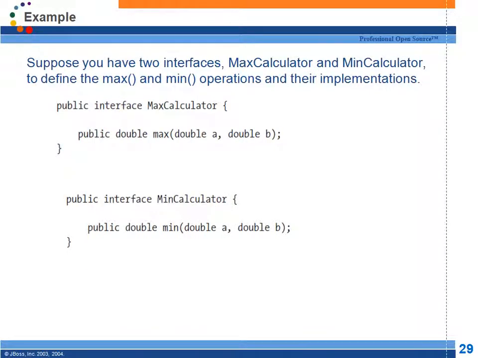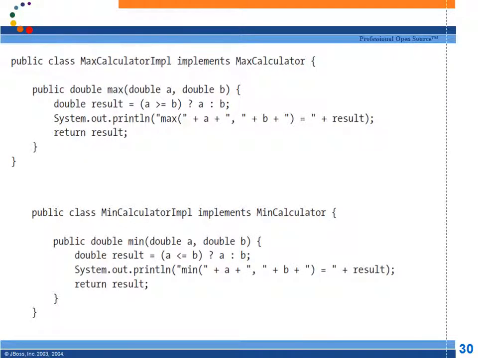I have an interface called max calculator, which is having a method called max, another interface called min calculator, and I am having some implementations, right? Now I want my calculator class. In my calculator class, I want to introduce these methods through AOP. Actually, in arithmetic calculator class, these methods are not present.